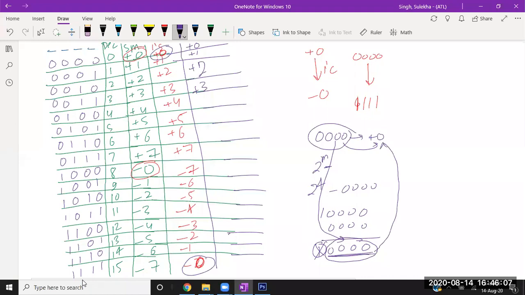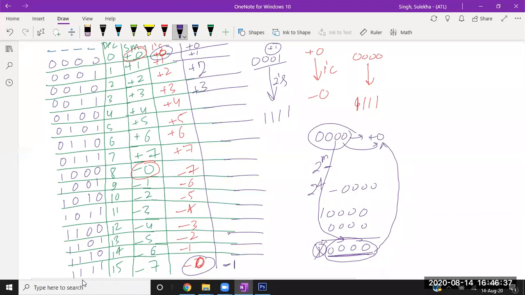So no need to distinguish any other number with the plus 0. If I am taking 0, 0, 0, 1 as a plus 1, and I take the 2's complement of this one, you will get all 1s, 1, 1, 1, 1. So if you take plus 1 here, minus 1 will be at this location.